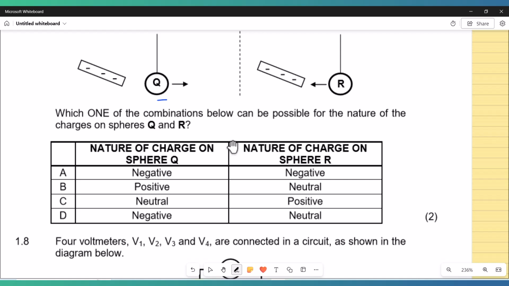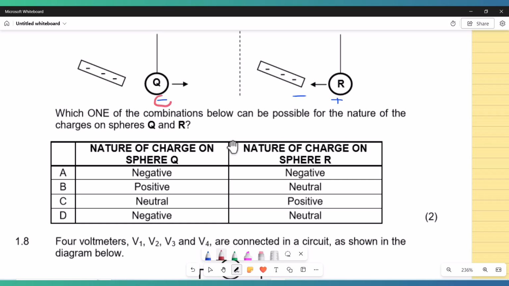What do we know about the negative? The negative always attracts a positive. So our answer is supposed to be Q being negative and R being positive. Do we have it? This is Q, this is R.